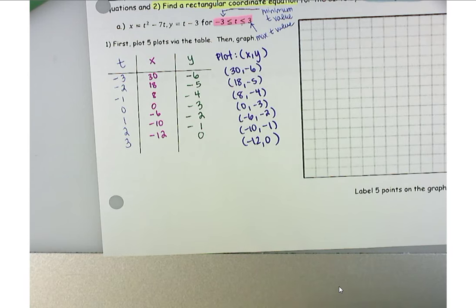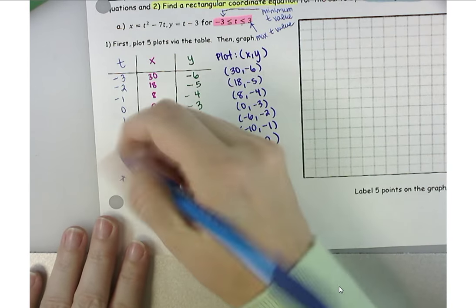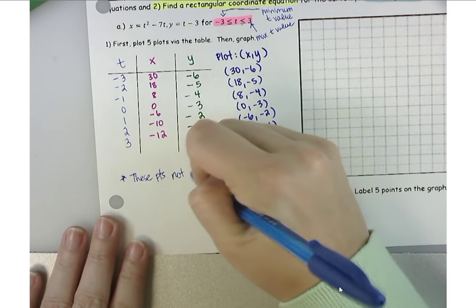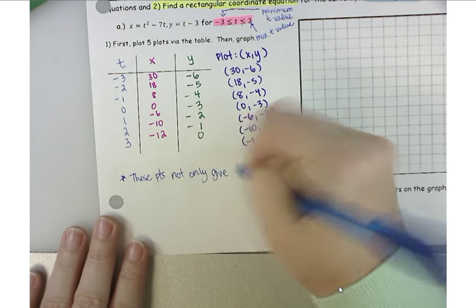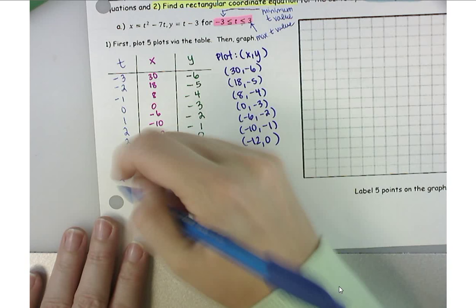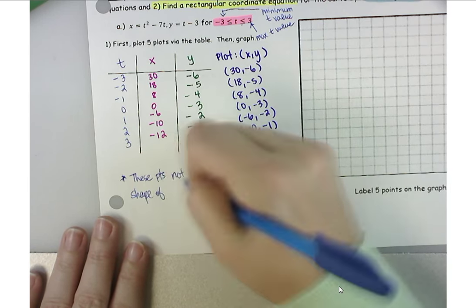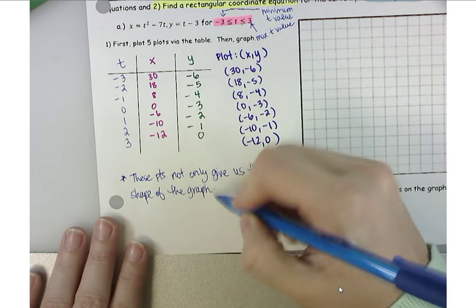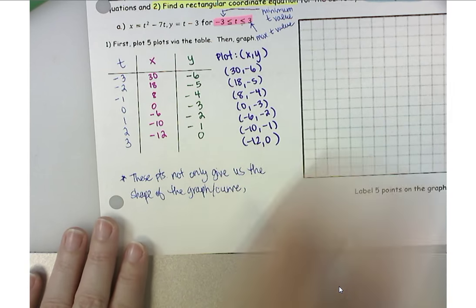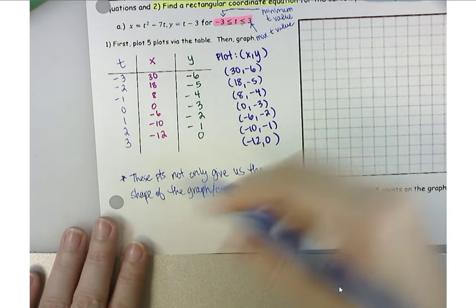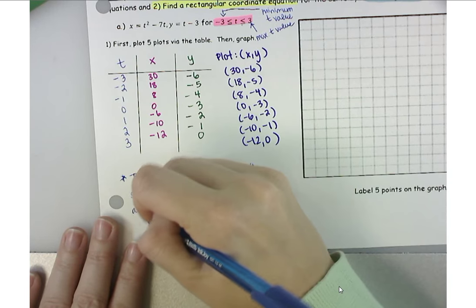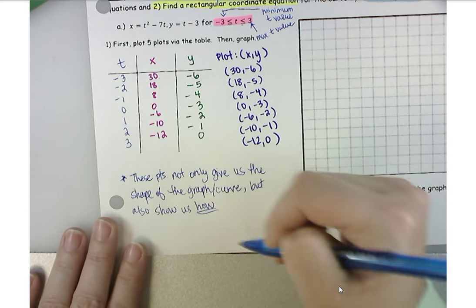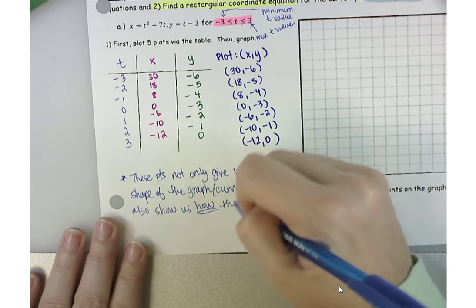And then I want you to remember that these points not only give us the shape of the graph, slash curve, but also show us how the curve is being traced out.